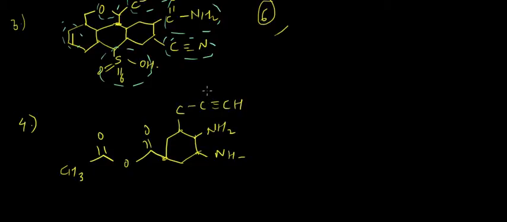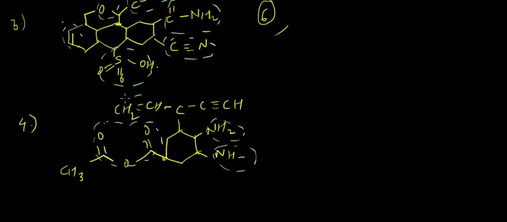C triple bond H is the alkyne group and CH double bond CH2 is the alkene. So let's calculate the number of functional groups in this compound. This is an anhydride group, this is a primary amine, this is a secondary amine, this is an alkene, this is an alkyne. So how many?